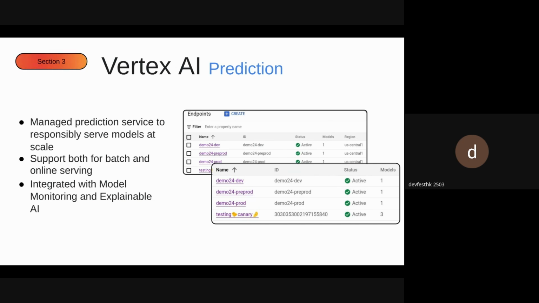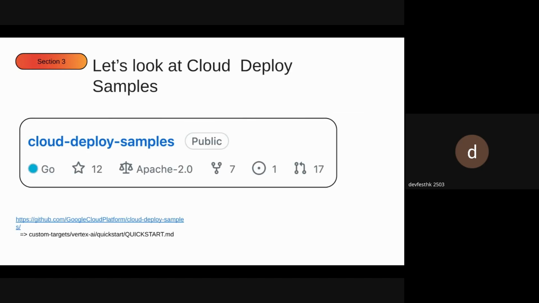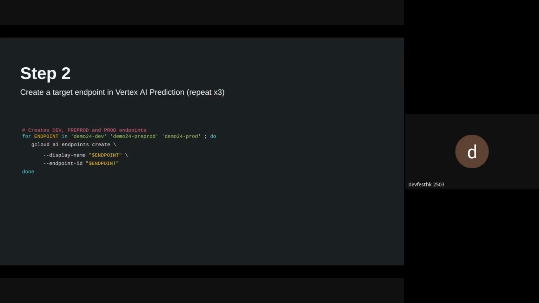It serves models, provides online serving, and integrates with model monitoring and explainable analysis. Okay, this is an example. We create the target endpoint by using the Cloud AI endpoint here.